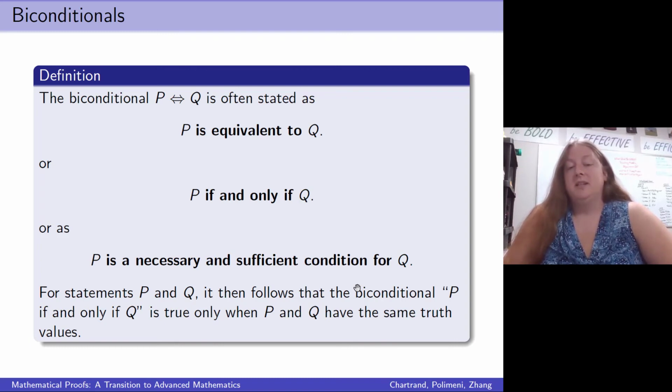And so since that's the case, if P really is equivalent to Q, then they'll have the same truth values. So for the biconditional to be true, they both have to have the same truth values.